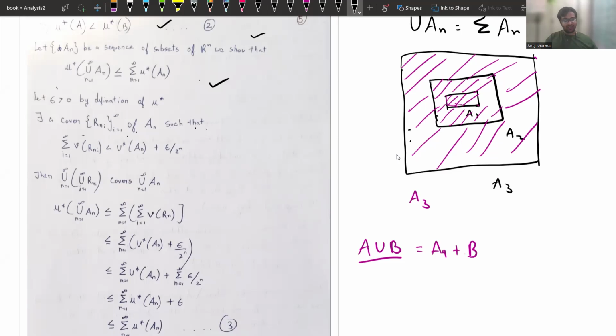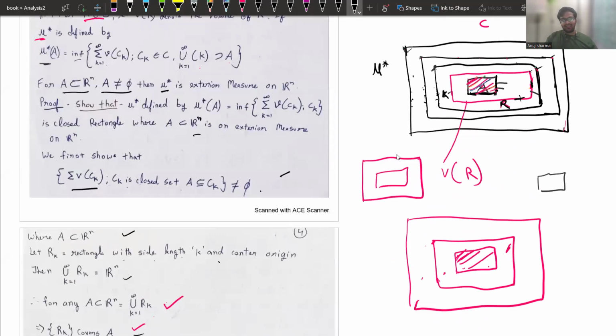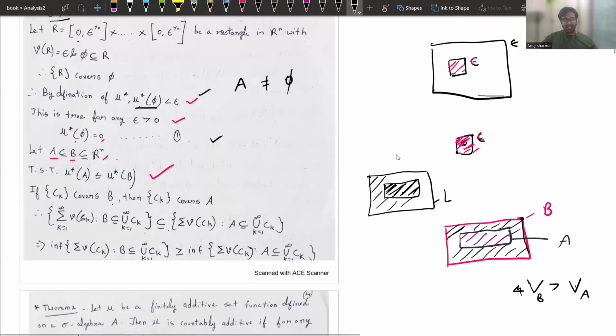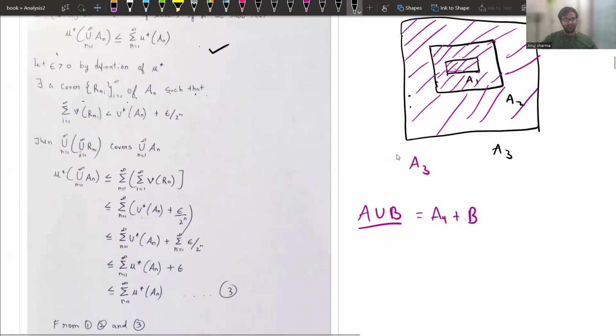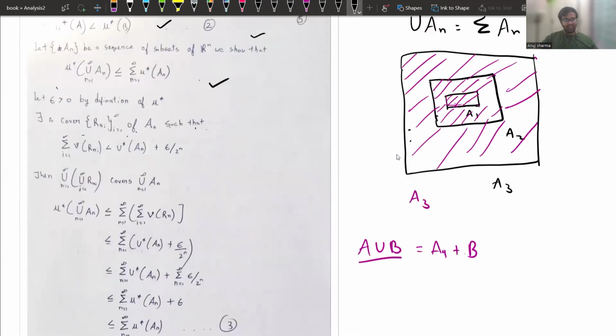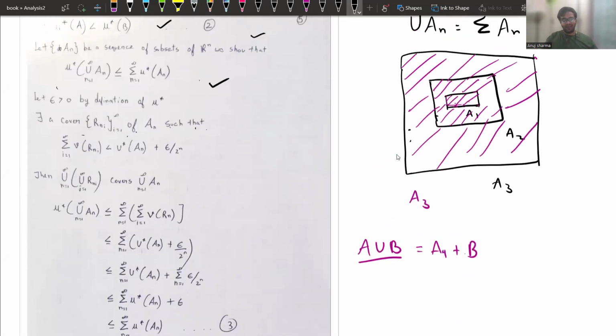Rn means suppose there is some rectangle of real numbers, and suppose this An is there: A1, A2, A3, A4, and we take a cover Rn.